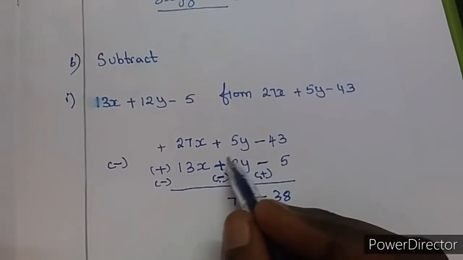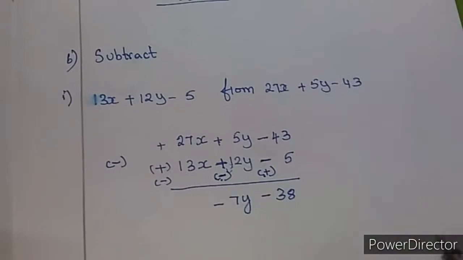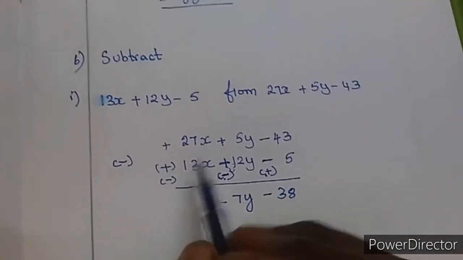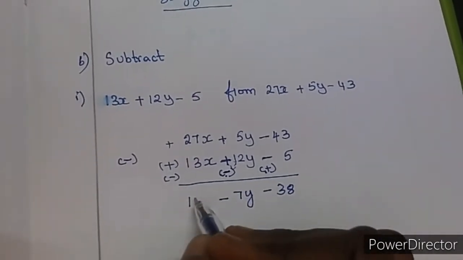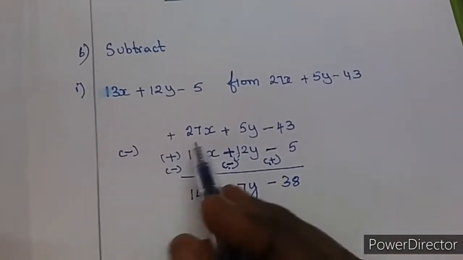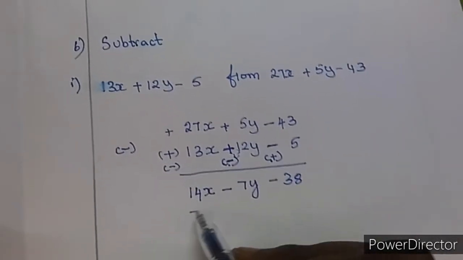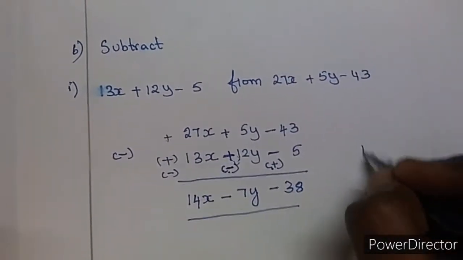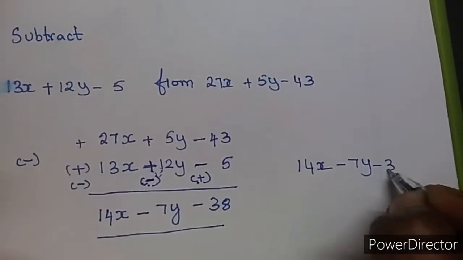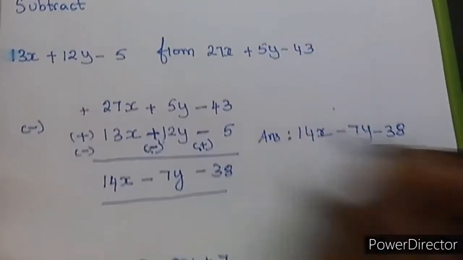Now which number is greater? 12, and sign for that is minus. So write that minus sign here. Now plus into minus, we have to subtract these two numbers. 27 minus 13 gives you 14x, the variable is x. Now greater number is 27, sign for that is plus. Here your answer is 14x minus 7y minus 38.